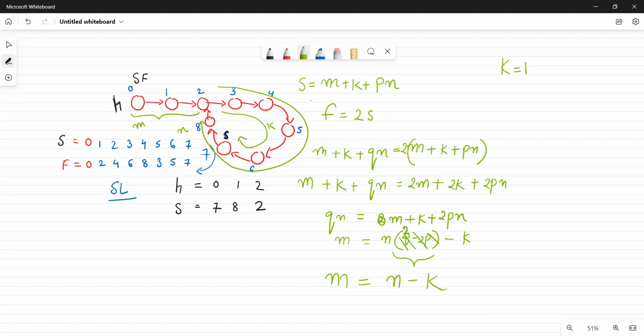So what you're trying to observe is that let's suppose slow is here and your fast was here, like slow was just about to enter into the cycle and fast pointer has already covered a distance and is in here. So they are apart. So right now what is the distance between them?